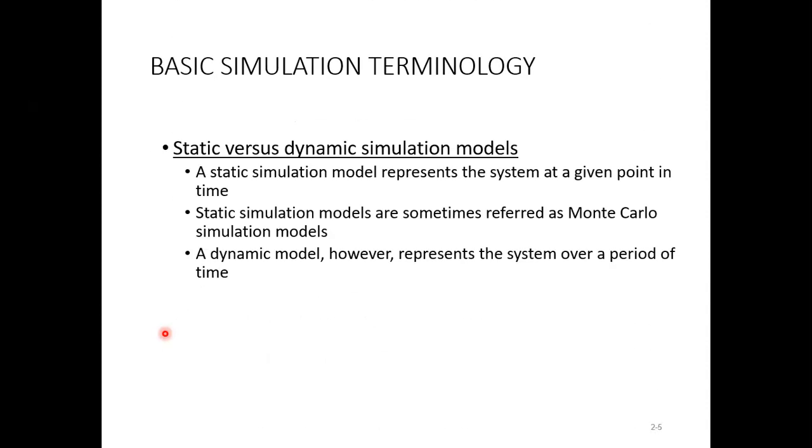Static simulation models represent the system at a given point in time. Static simulation models are also sometimes referred to as Monte Carlo simulation models. Dynamic models, however, represent the system over a period of time.